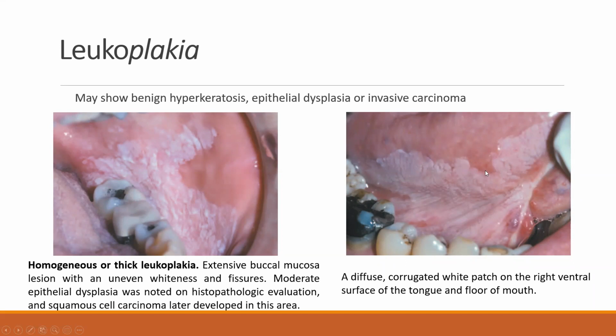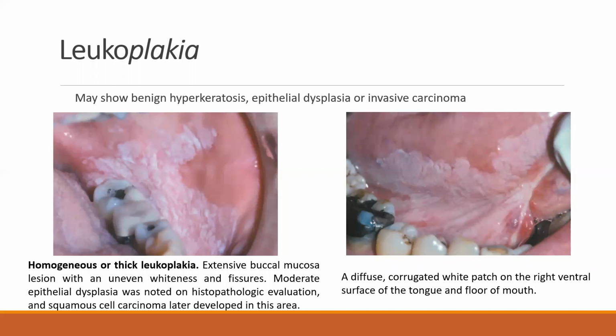Whenever we see these lesions, a biopsy is mandatory. Depending on the biopsy results, we treat these lesions. Say the biopsy shows minimum to no dysplasia, then these can be treated by asking the patients to give up the habit and educating them on the importance of giving up habits like smoking and chewing tobacco, or tobacco in any form.